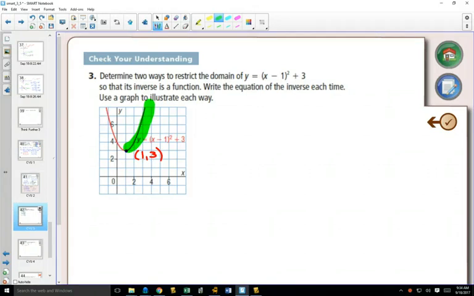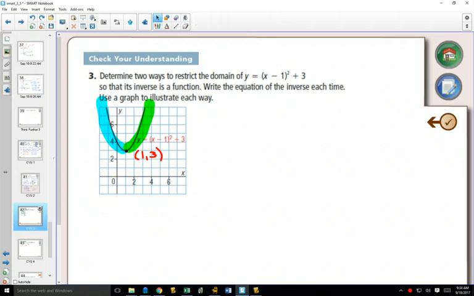If I just had that green part, can you tell that the inverse would be a function? And I'm going to highlight the other side in blue. If I just had the blue part, then the inverse would be a function.